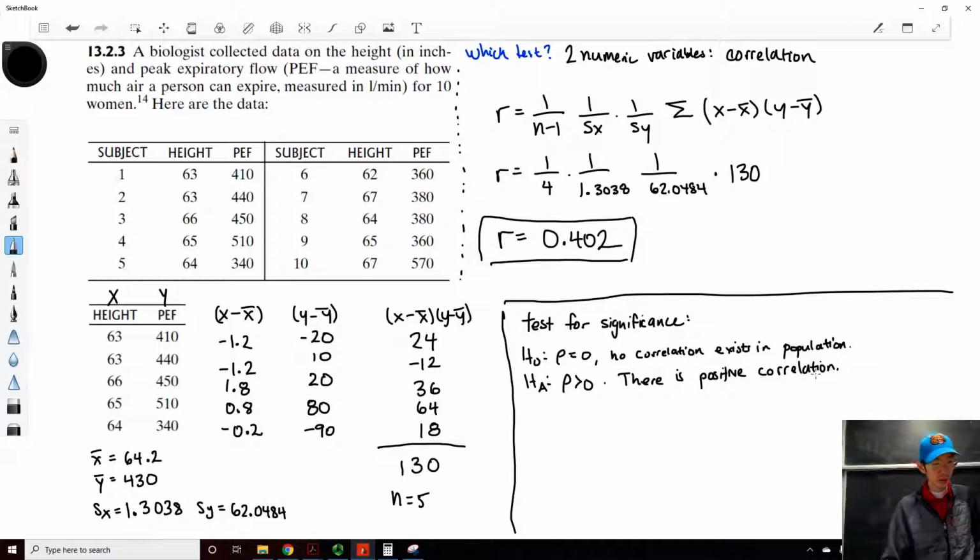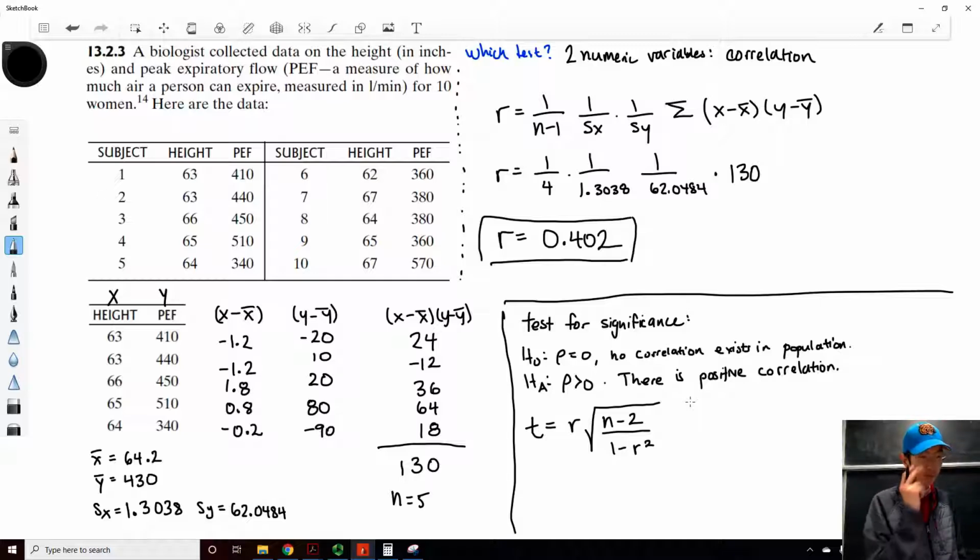Okay, so the test statistic is r times the square root of n minus 2 divided by 1 minus r squared. So I plug in 0.402 times the square root of 5 minus 2 divided by 1 minus 0.402 squared.